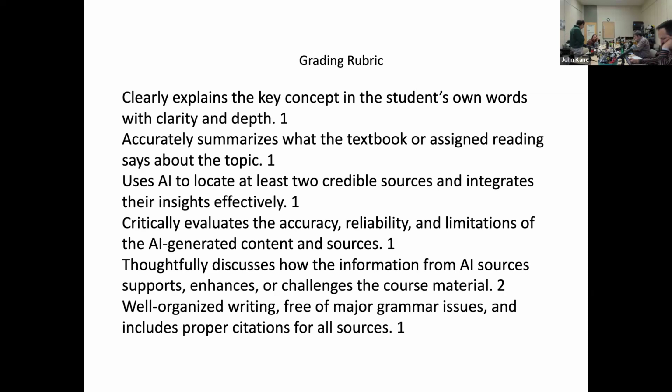Again, most people did this. Some people would provide citations of things that don't exist. Then critically evaluate the accuracy, reliability, and limitations of the AI sources. And to each question, by the way, is worth 7 points. Each response is worth 3 points.